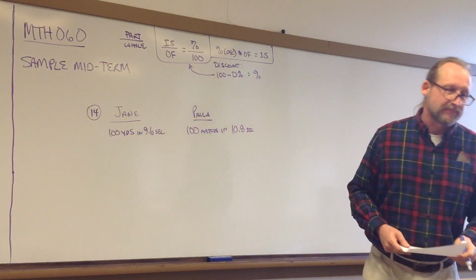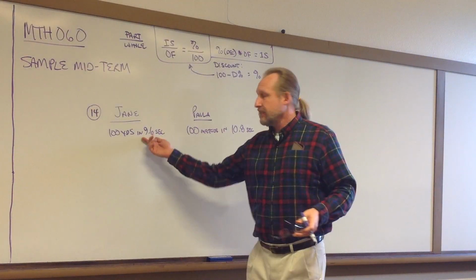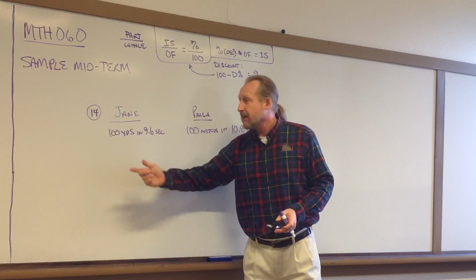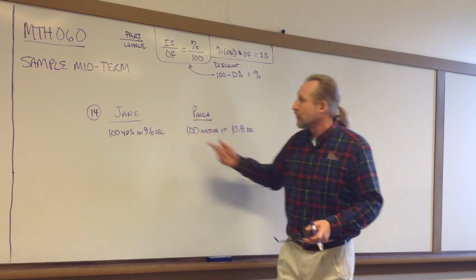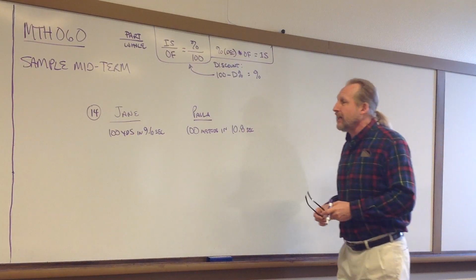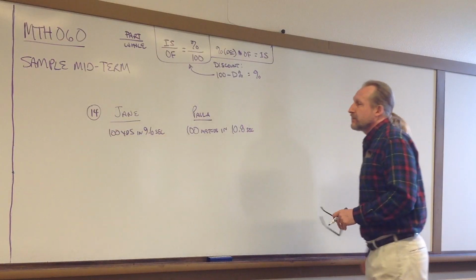Who's running faster? Well, Jane took less time, but the reality is, you may or may not realize this, 100 yards is shorter than 100 meters. So we can't necessarily say that she was going faster because she covered a shorter distance, even though she ran in a faster time.